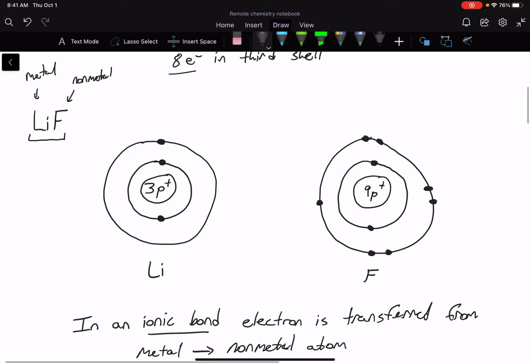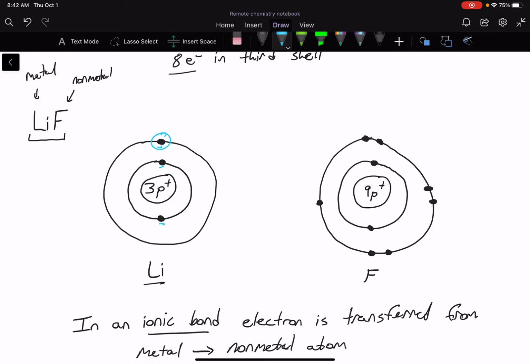All right, so if each of these wants to have a full valence shell, let's look at lithium. For the Bohr diagram of lithium, we have 2 electrons in the first shell and 1 electron in the second shell. It's going to want to give this electron away.